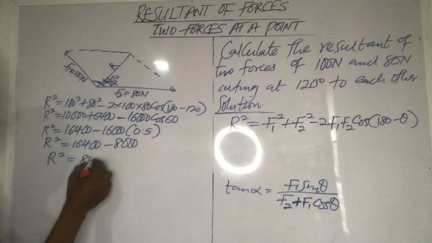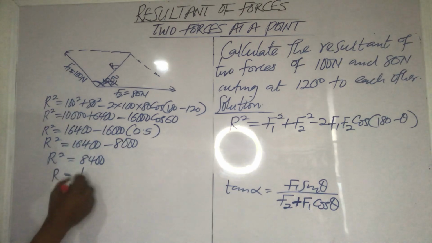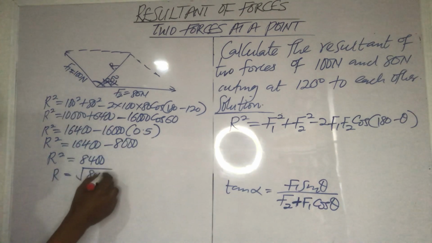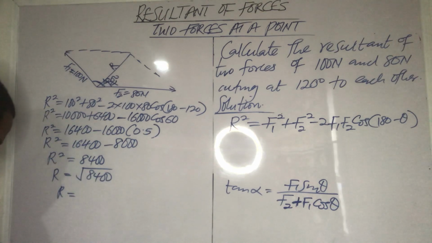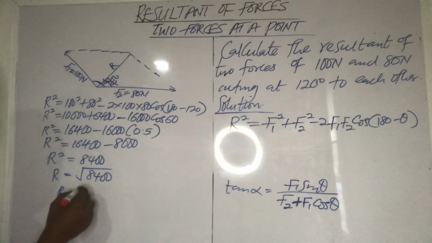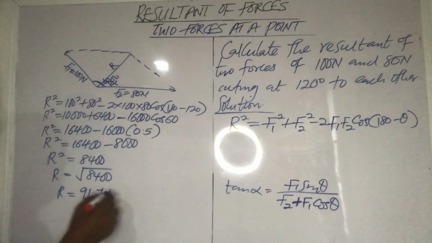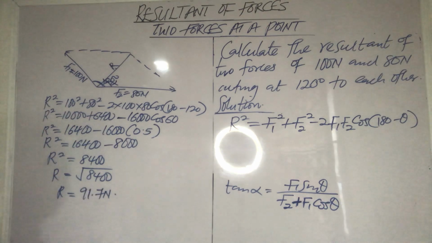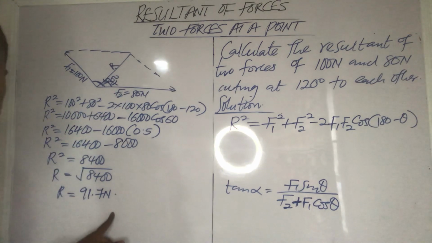That will give me 8,400. So my R will now be equal to square root of 8,400. So R will give me 91.7 Newton. So their resultant in magnitude is 91.7 Newton.